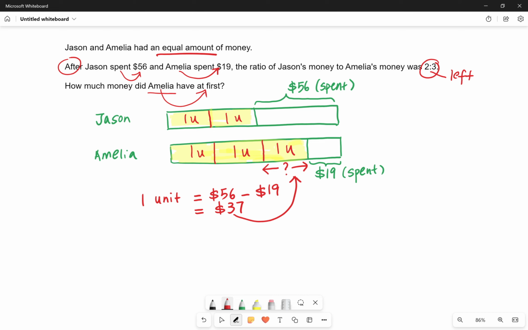The question wants us to find out how much money Amelia had at first. So we are going to find out the amount of money for this entire block that Amelia has.